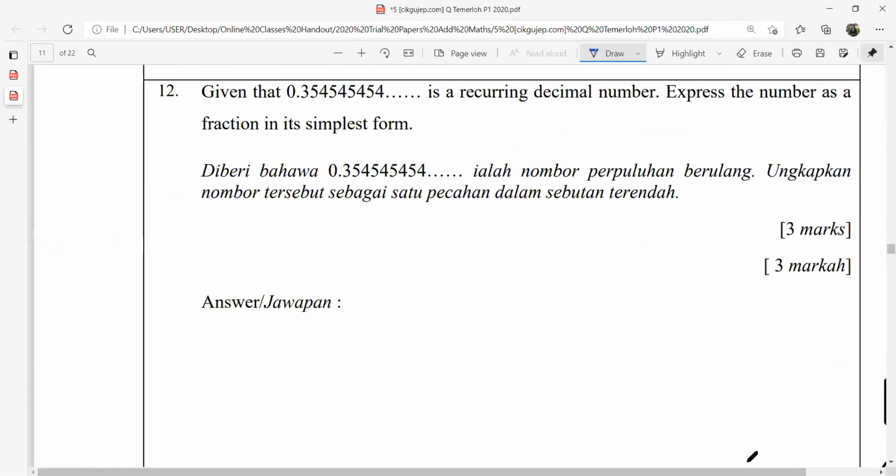This one is very popular. Can you do this question or not?